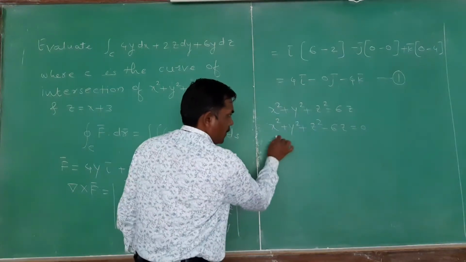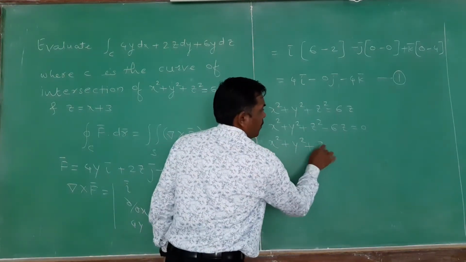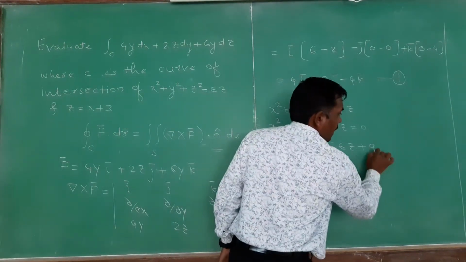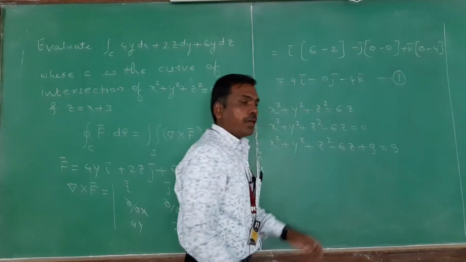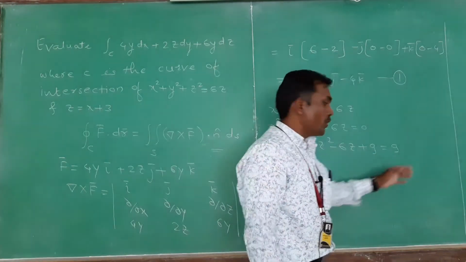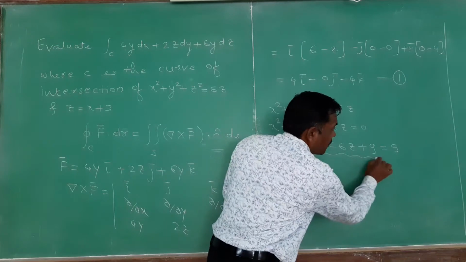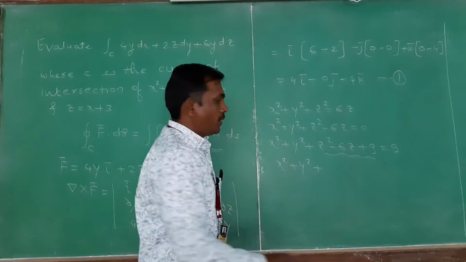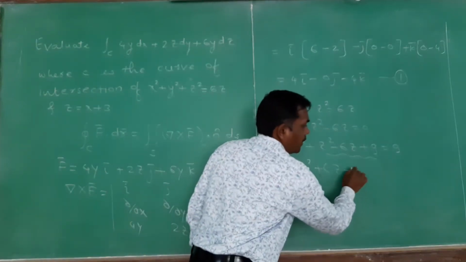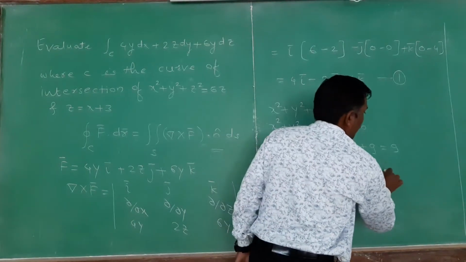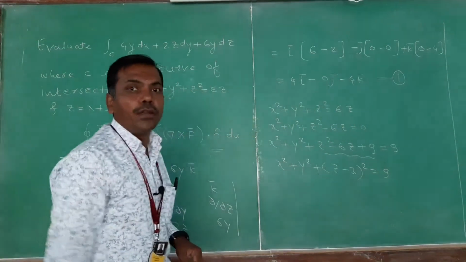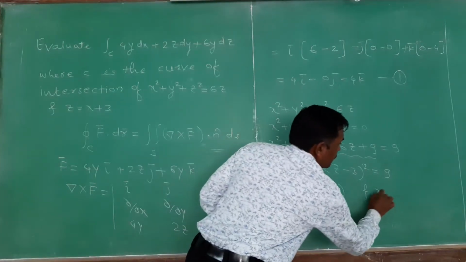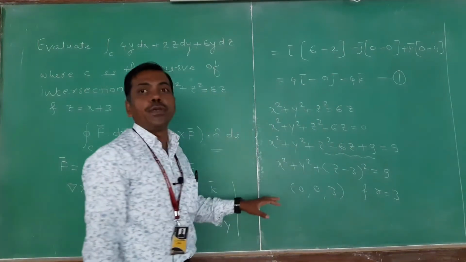So here x square plus y square plus z square minus 6z plus 9 is equal to 9. I add and subtract 9 so that I get a perfect square. That is x square plus y square plus (z minus 3) whole square is equal to 9. So this is a sphere with center (0, 0, 3) and radius also 3. So this is our given sphere.